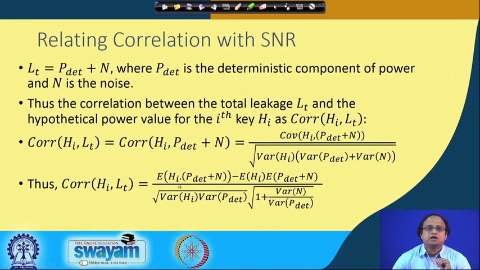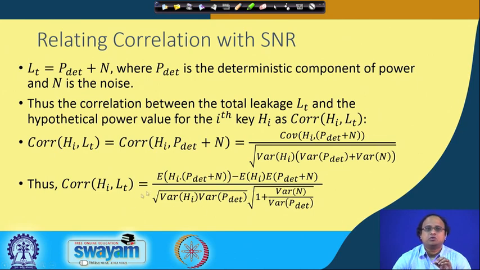And then I can write the correlation of Hi comma Lt as follows. The numerator is nothing but the expectation of Hi and P deterministic plus noise, minus E of Hi into E of P deterministic plus noise.